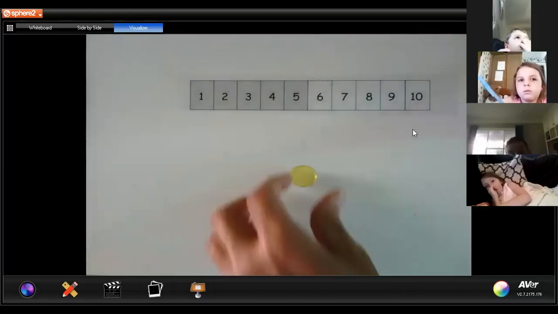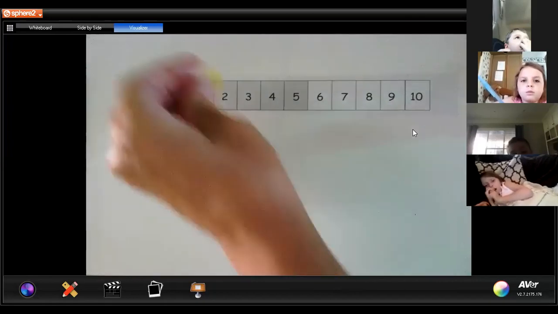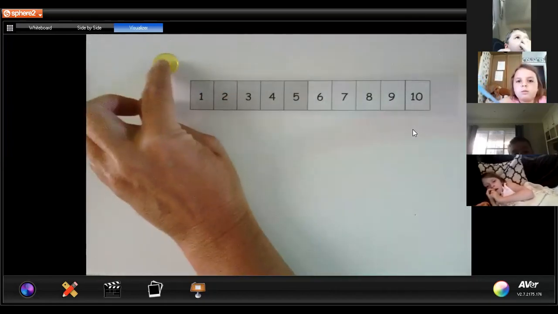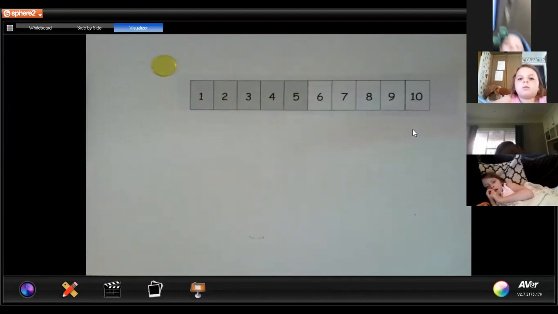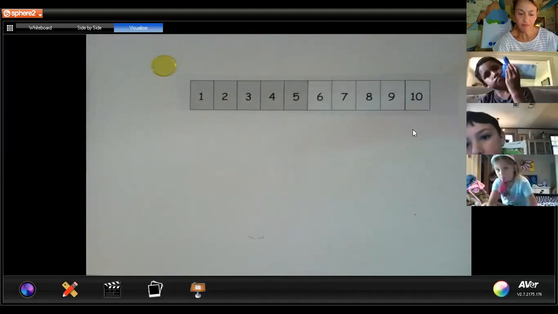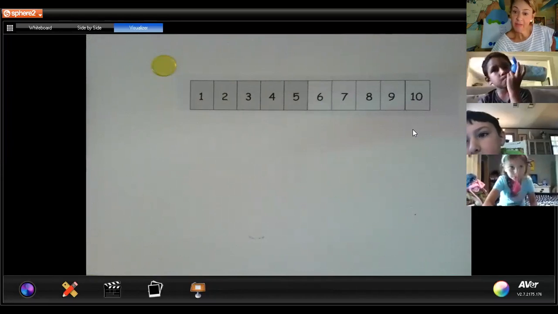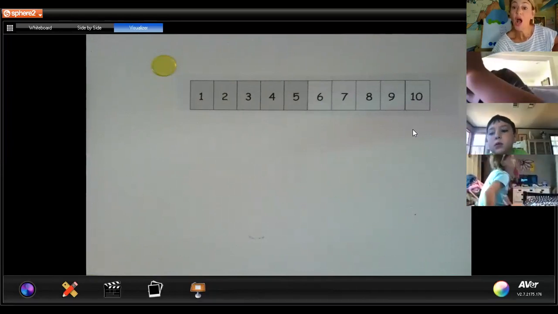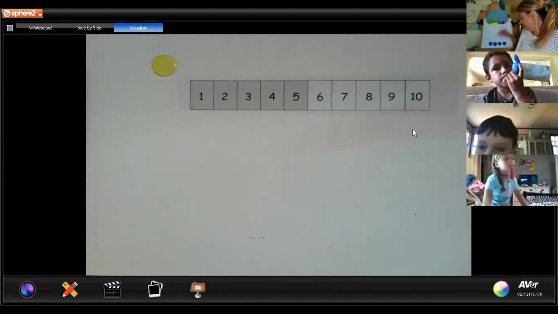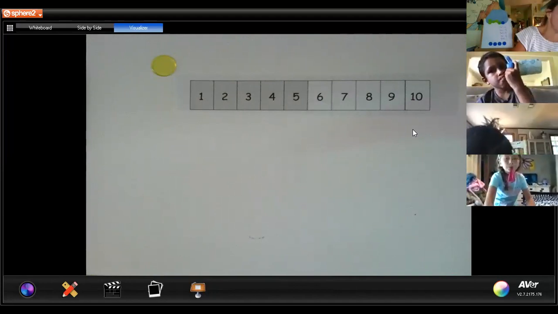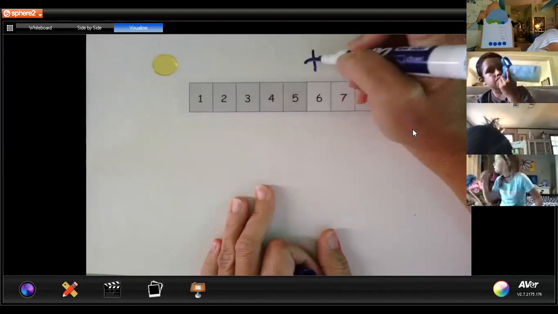I'm going to use him to hop. He's going to hop. Here, I'm going to put him over here because he's on 0 right now, which means none. So my little yellow poison dart frog is going to hop when we're doing plus 1. Watch me. Say plus 1.